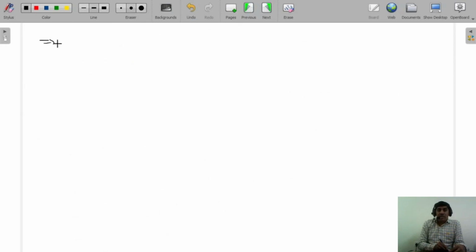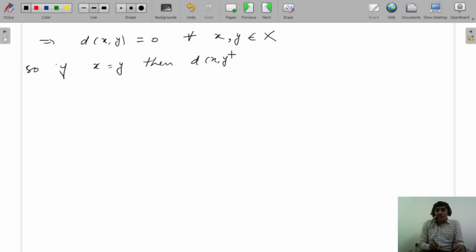This implies dxy is equal to 0 for every x, y belongs to capital X. So, if x is equal to y, then dxy is equal to 0.